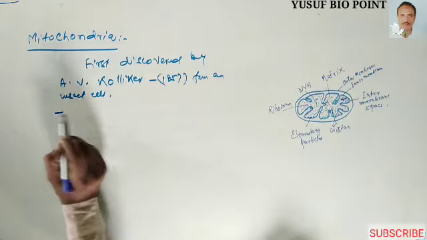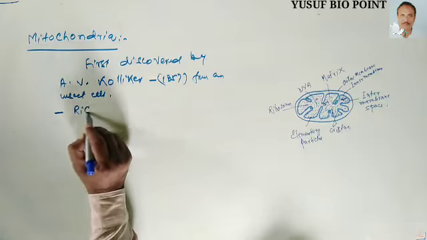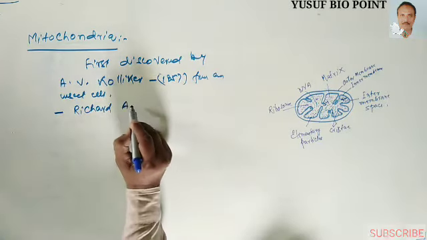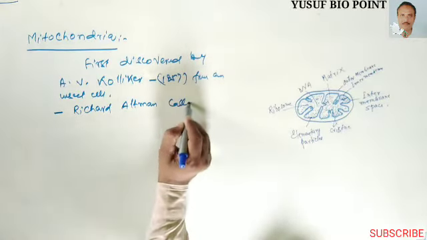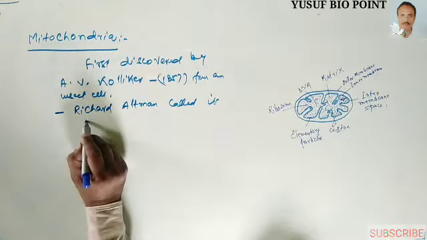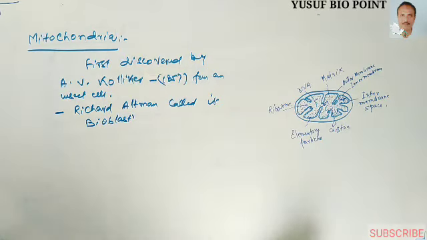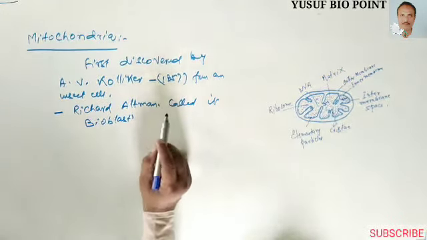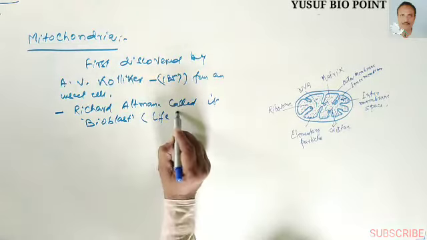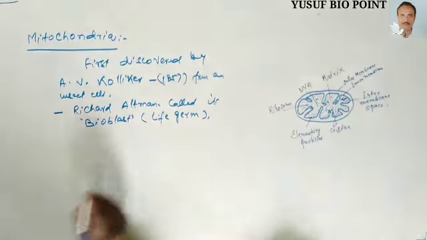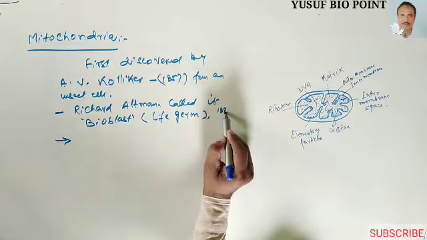After that, another scientist named Richard Altmann called it bioblast in 1886. Bioblast means life germ.